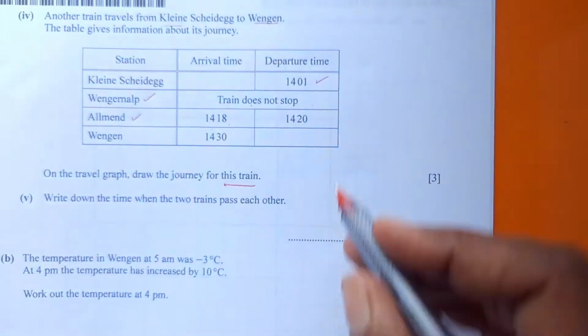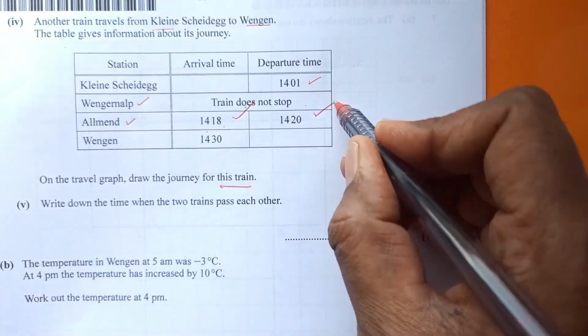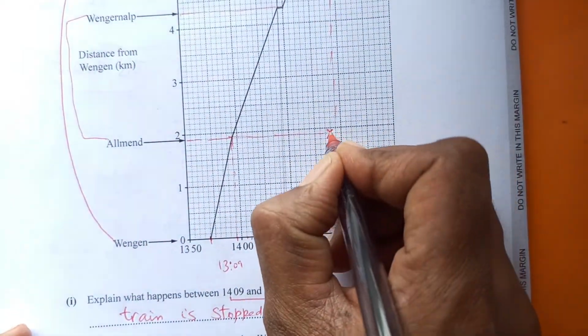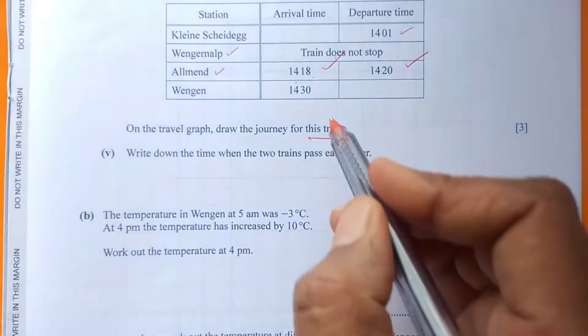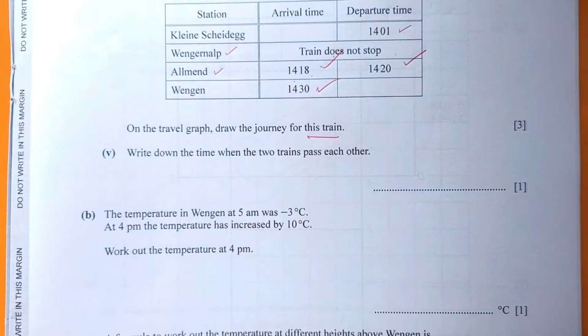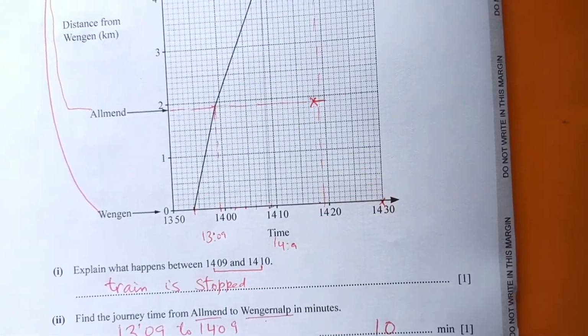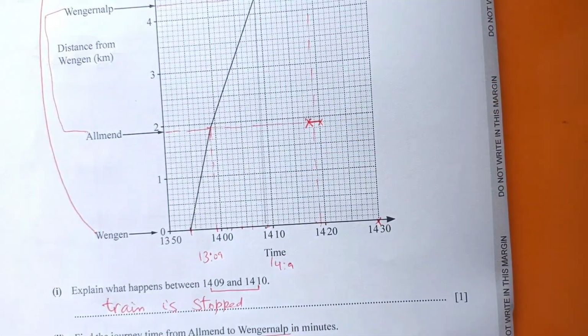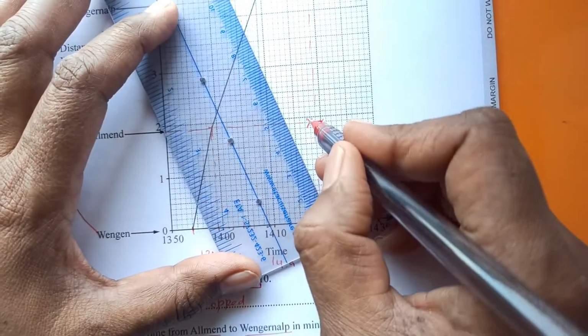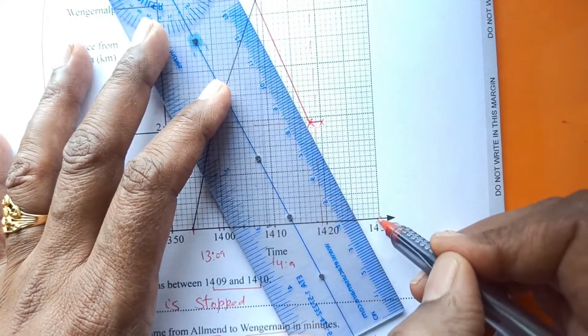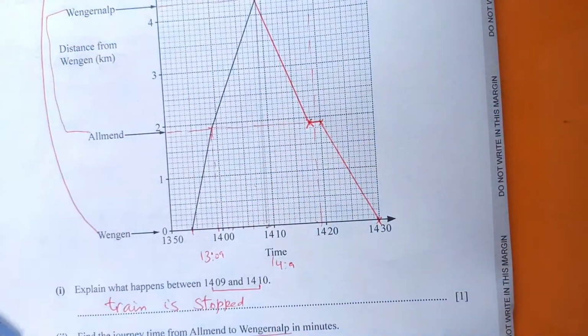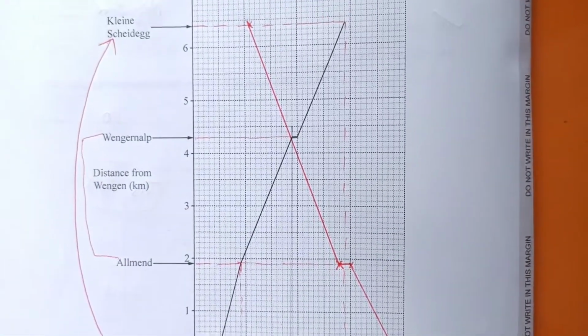So for this one we are done. Then its departure time is 1420. So that means until 1420 the train is still there, right? Then it reaches Wangan at 1430. So 1430 is here. So now we will join all the points. This point is here. So this is the journey from here to here. And this I have already marked here. So this is the graph for it.